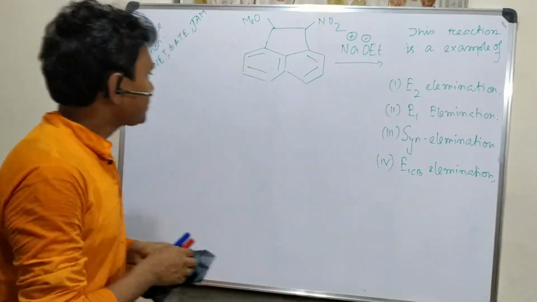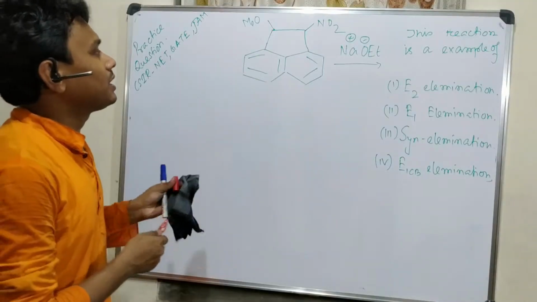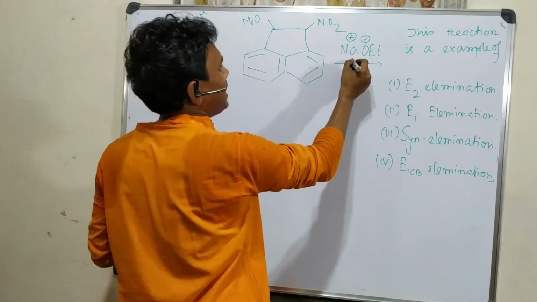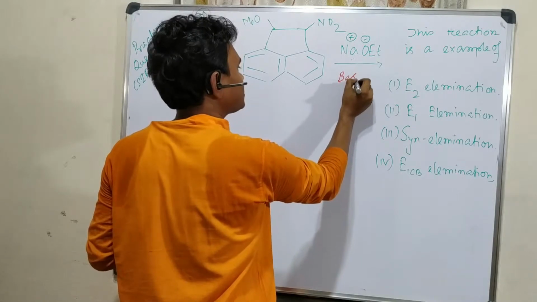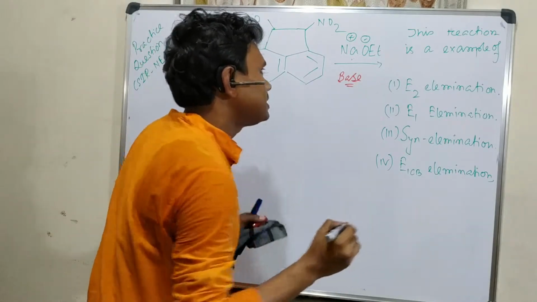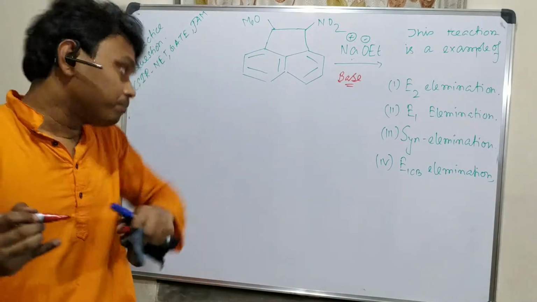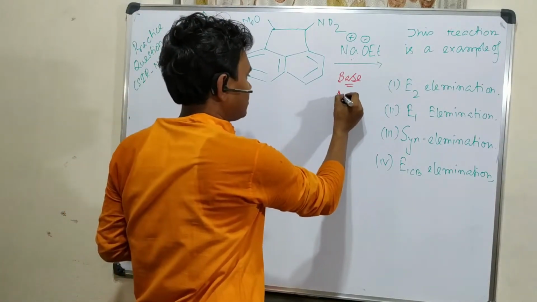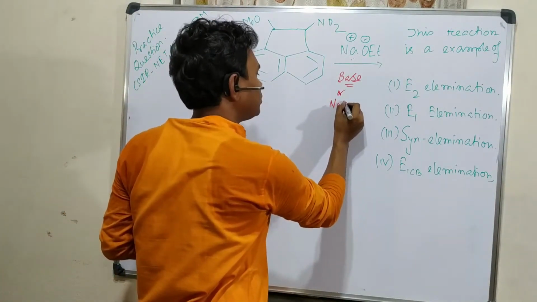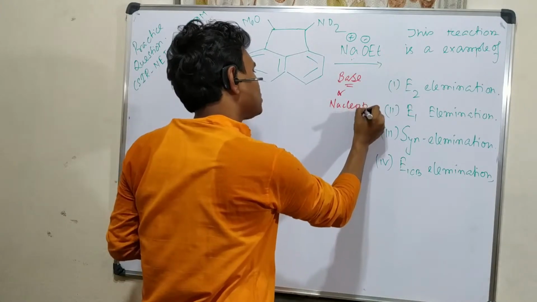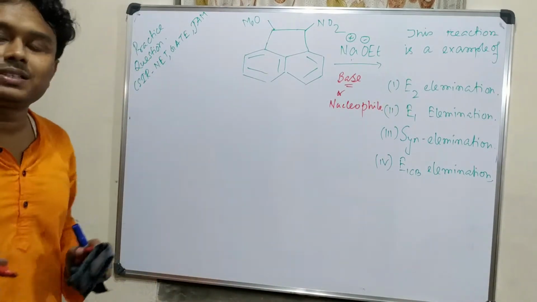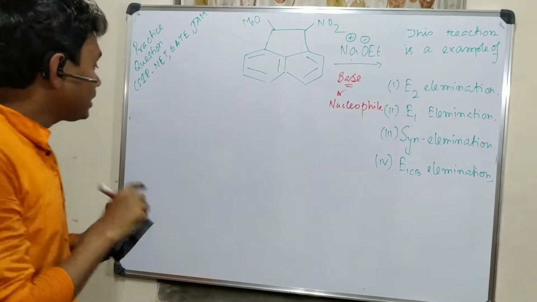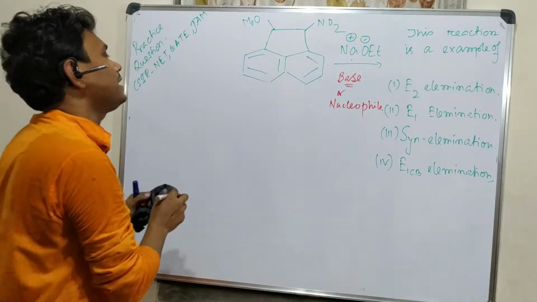Let's start. First of all, you can see NaOEt is given as the reagent. This NaOEt is a base, or you can say a nucleophile. It is expected to attack somewhere, but here a nucleophilic center is not there, so only basicity should be possible.